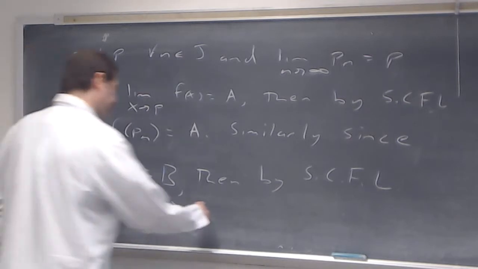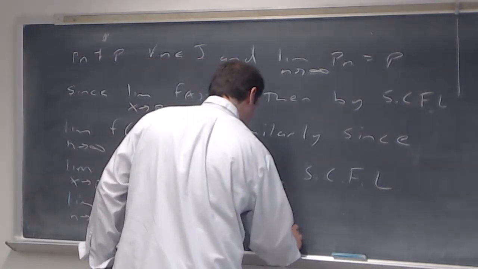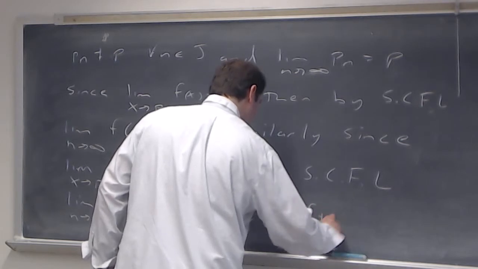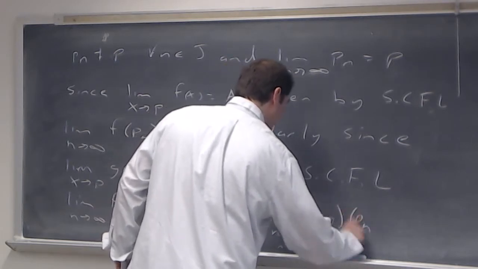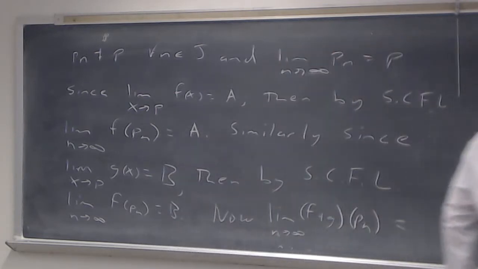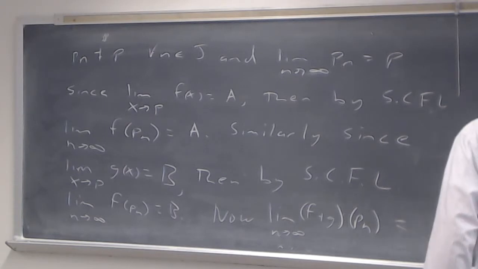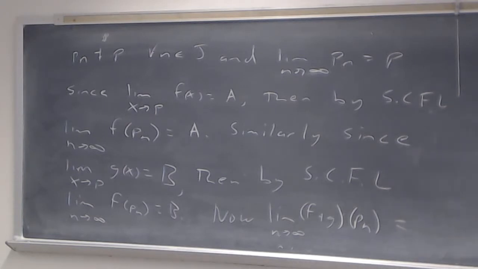Now, we take a look at the limit as n goes to infinity of f plus g acting on p sub n. That's going to be equal to, and what I'm going to use first is the definition of what f plus g is acting on an input value.